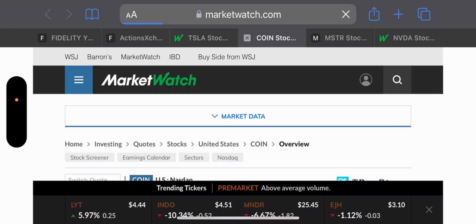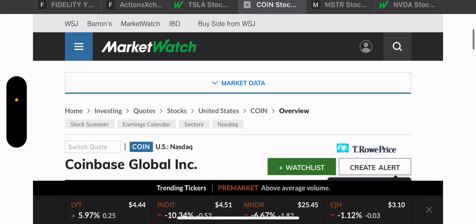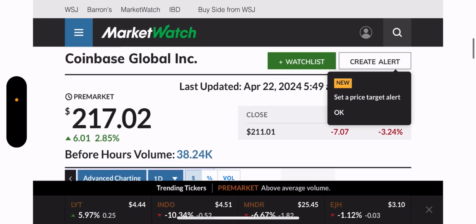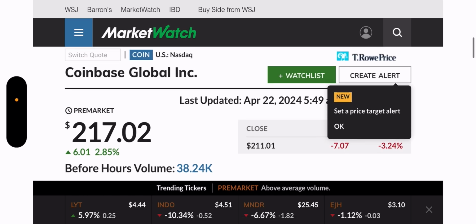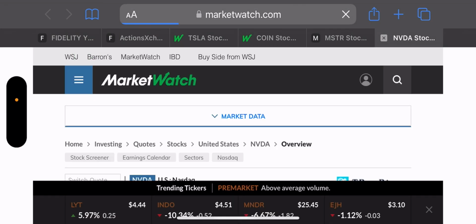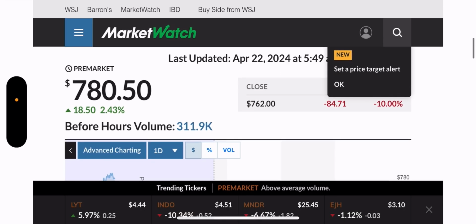Coin, let's see. Okay, Coin is up. I believe BTC was up over the weekend. Coin is up by 2.85%. It's at 217.02 pre-market. NVIDIA, if I keep it in order, is up 2.43%.